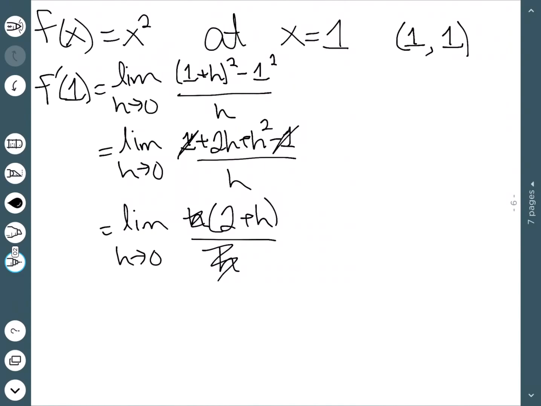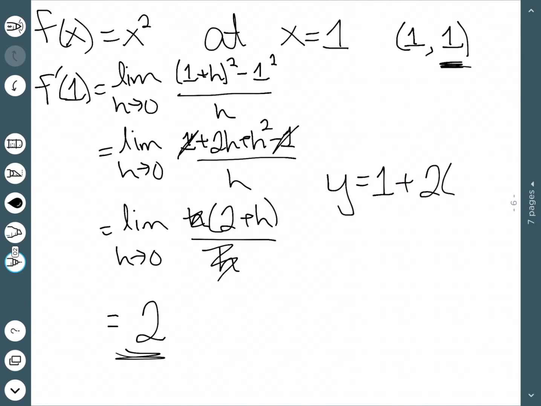And now these h's will cancel, and the limit as h approaches 0 is 2. So now my line is f of x0, which is 1, plus the derivative, which is 2, times x minus x0, which is 1. So this time I have 2x plus 1, or rather minus 1, as the equation of my tangent line.